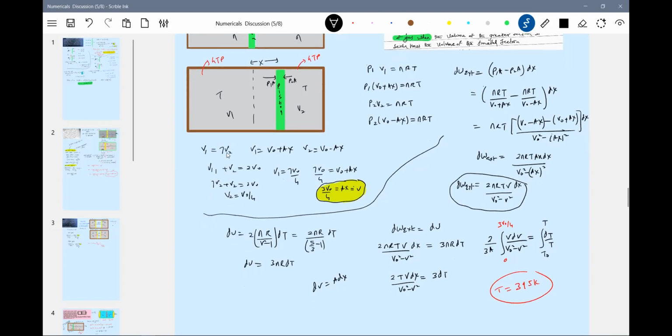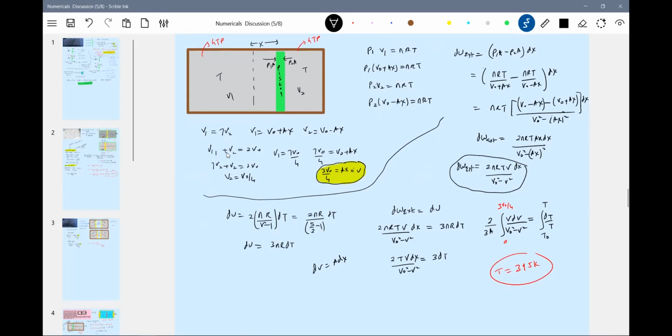Here the condition we can put is that heat exchange occurs between the parts of a gas, so it cannot be adiabatic.